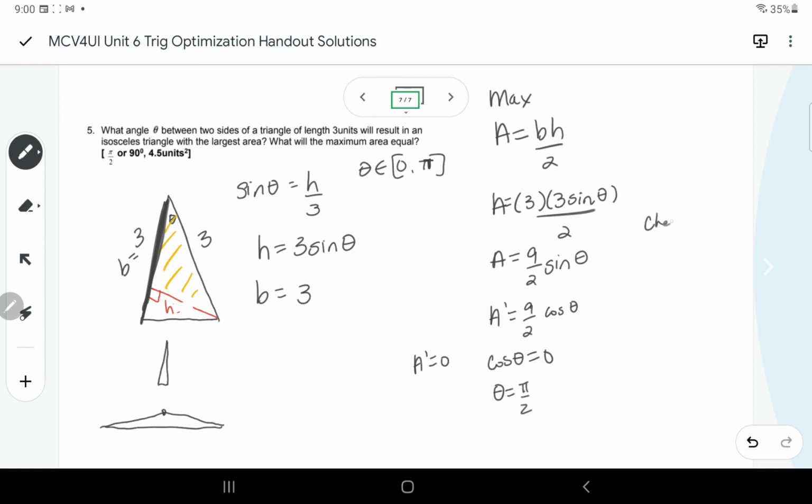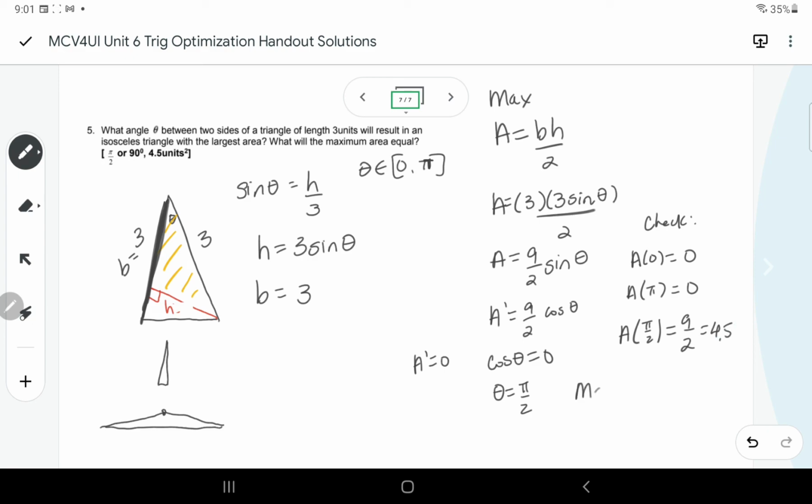Okay, so we're going to check. A at 0 would have an area of 0. A at pi would also have an area of 0. A at pi over 2 would have an area of 9 over 2, or 4.5.